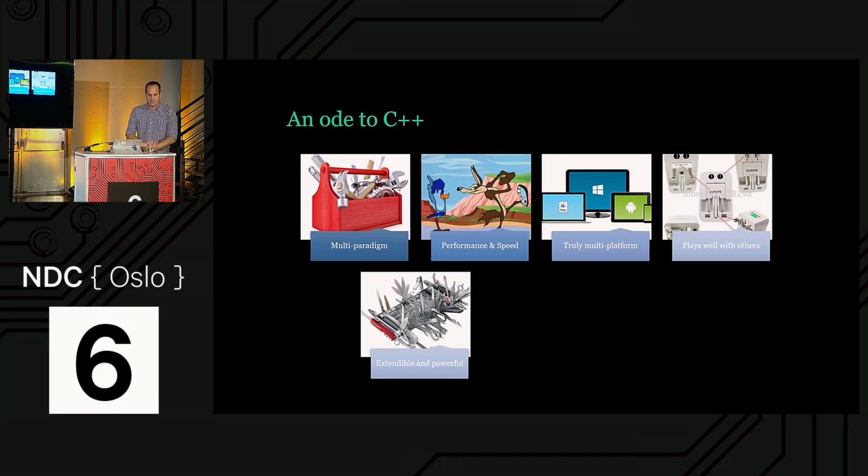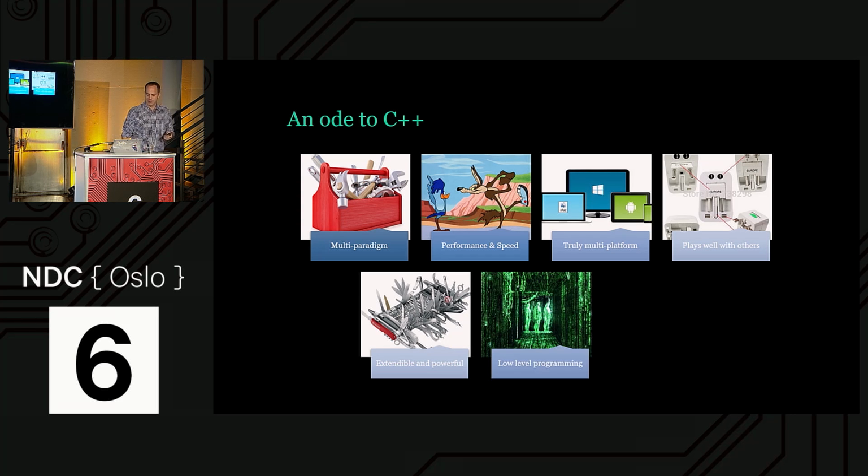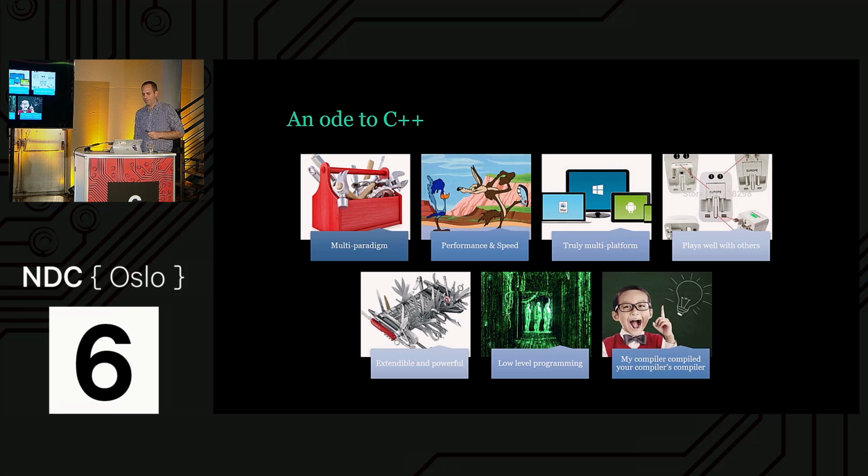And it has so much power. We can extend the language using macros and templates and typedefs and other capabilities. And if we really want to, we can do low-level programming, either on the GPU or write inline assembly, or decide whether or not that specific bit of memory will be allocated or deallocated, which gives us a lot of power. And on top of that, this is the language in which the development world was written.